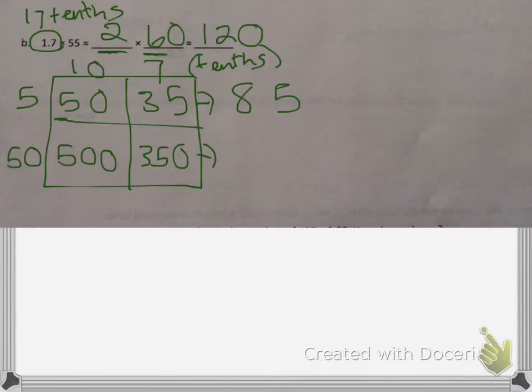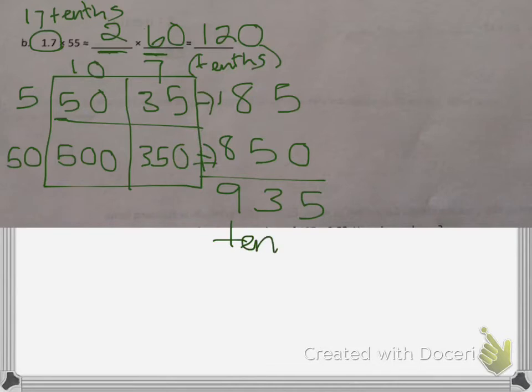I add across down here, 0 in the ones, a 5 in the tens, and then 5 plus 3 in the hundreds, which is 8. I'm going to add my partial products. 5 plus 0 is 5, 8 plus 5 is 13, and then 8 plus 1 is 9. So I have 935. Remember, this is tenths.